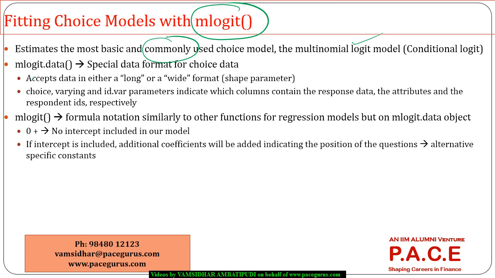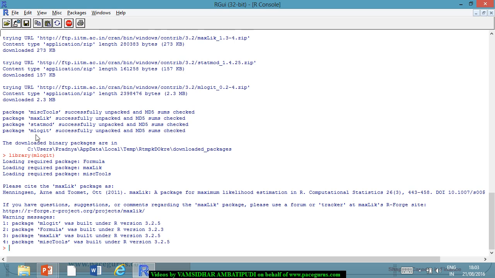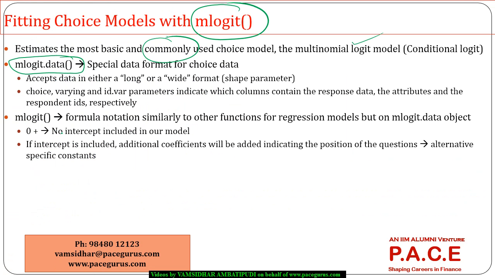The first thing is a very important step. This does not accept the data in the current format that I have. The format of my current data is that there is one separate row for each alternative, and choice-wise there are zeros and ones. That's the data that we have captured in Excel.